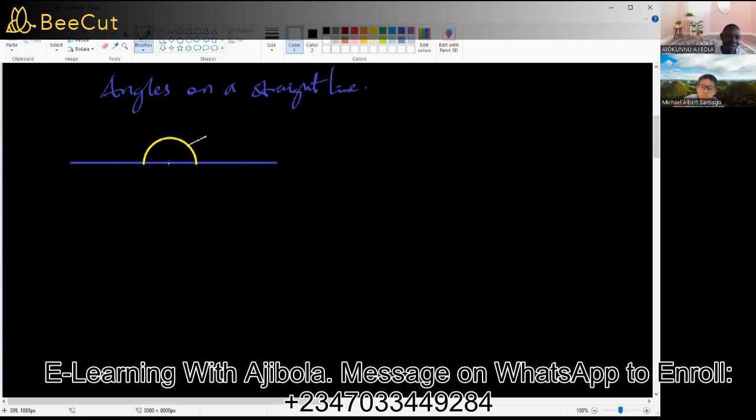This is 180 degrees. Because you know why it's 180? Because if you divide it into 2, each corner is 90 degrees. Is that clear? So each of the corners makes 90 degrees.